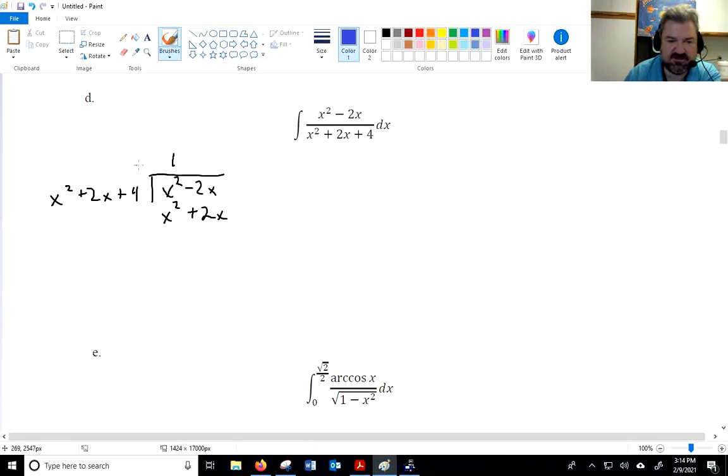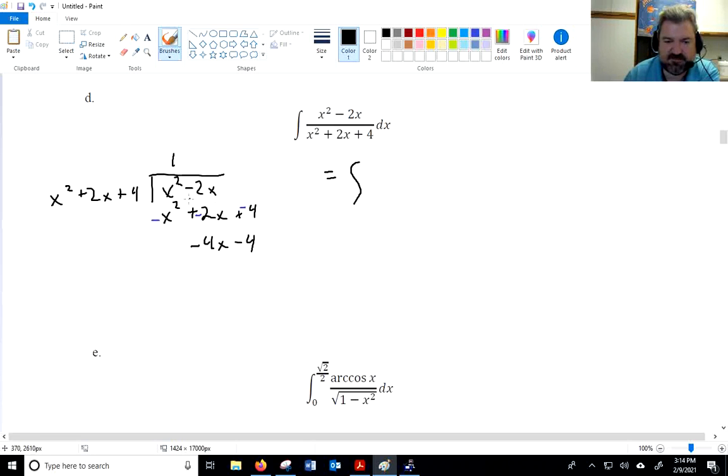I did not finish. 1 times x squared, 1 times 2x, and 1 times 4. So I need to do a plus 4 here, and then subtract them. After we multiply, we subtract, so I'm going to go through and change all of these signs. And what do I get left? That cancels out, but this gives me a negative 4x minus 4.